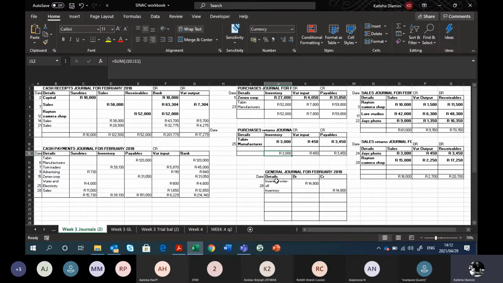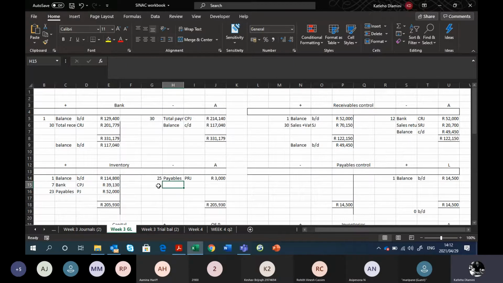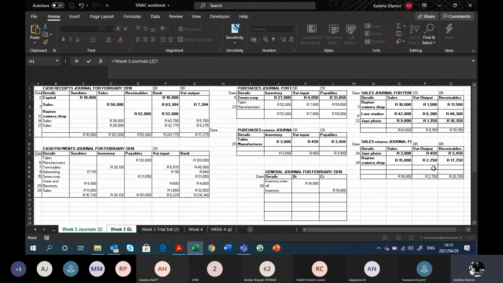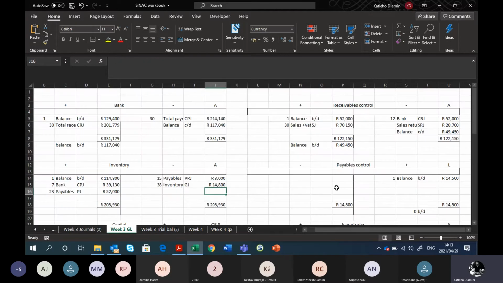Then the final thing we have, since you don't have cost of sales here, is that inventory write-off over there with inventory being credited. So on the 28th, that inventory write-off. And that was 14,800.